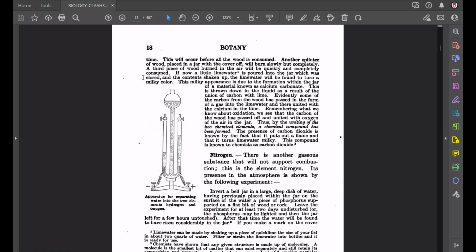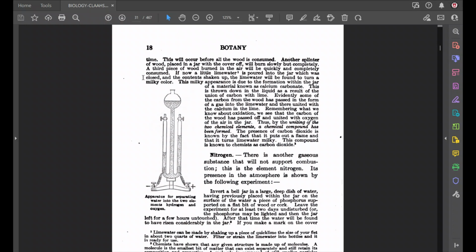Calcium is another element. Remembering what we know about oxidation, we see that the carbon of the wood has passed off and united with oxygen of the air in the jar. Thus, by the uniting of two chemical elements, a chemical compound has been formed.